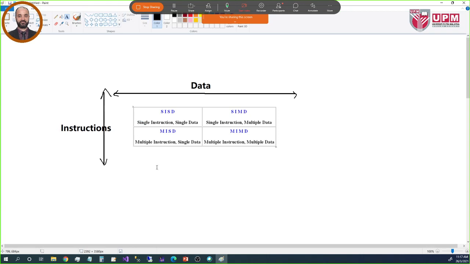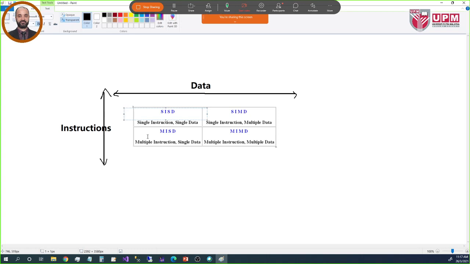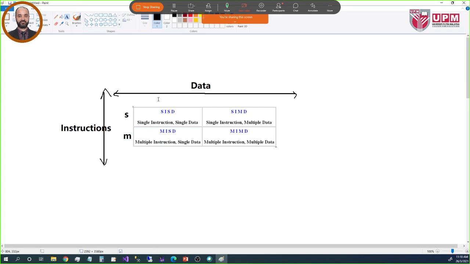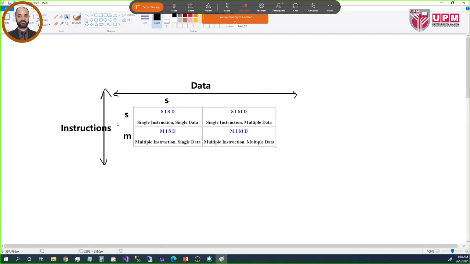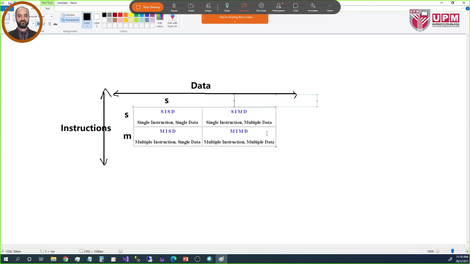As you can see, this one is single, I will use S, and this one is multiple, so I will use the letter M. On this dimension, this one means single instruction and this one means multiple instruction. And on this dimension, this one means single data, and this one means multiple data.